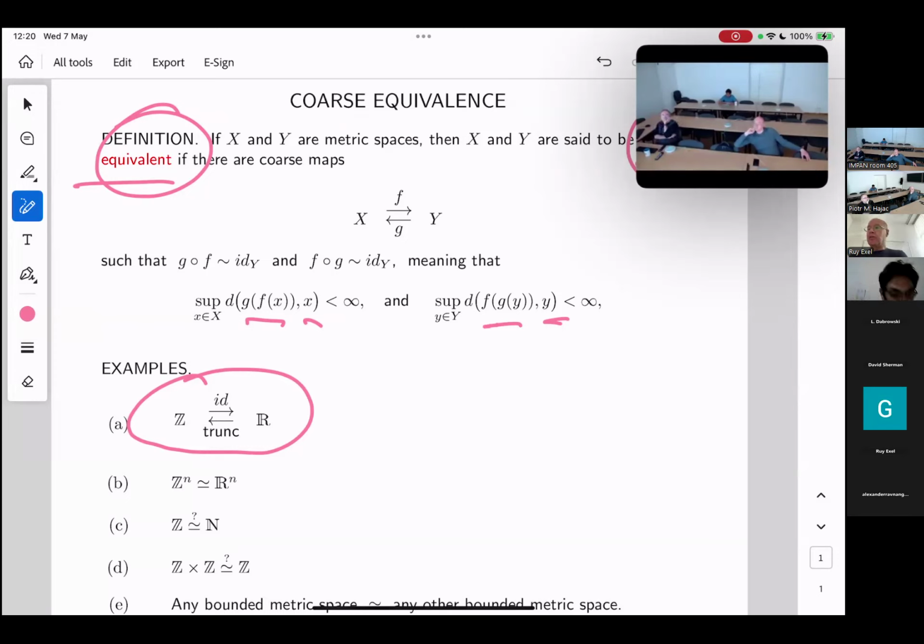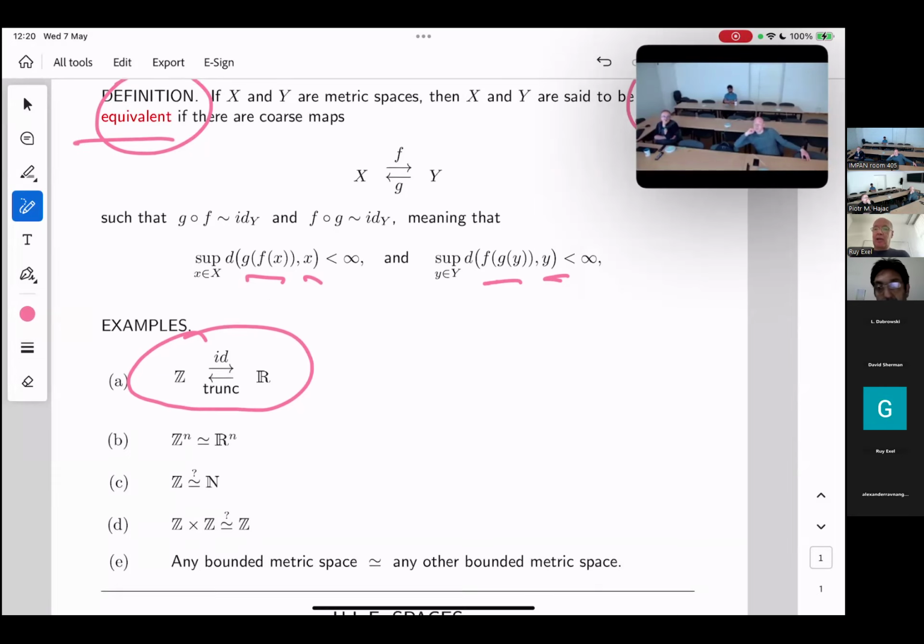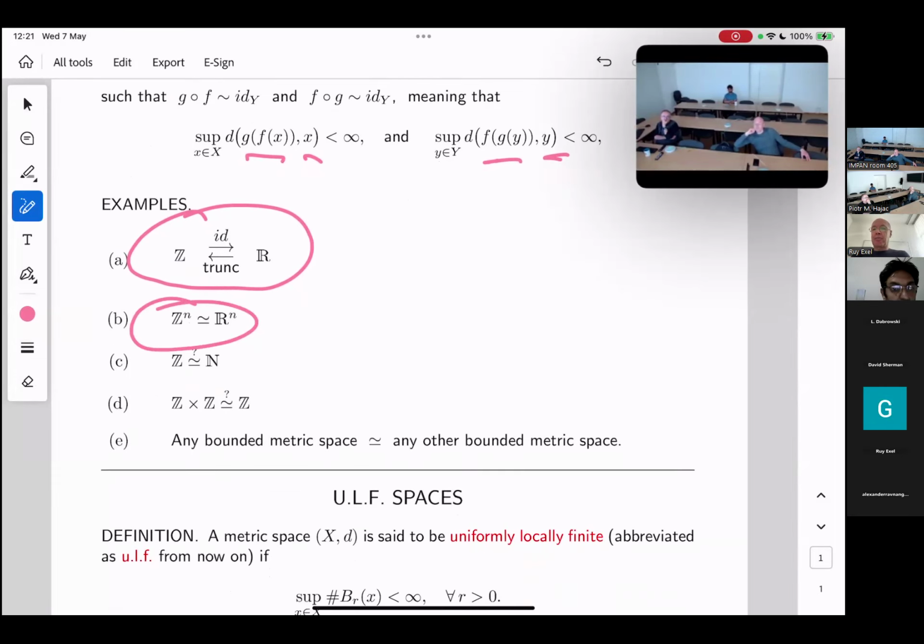It's easy to see that those two functions obey the definition: one composition is already the identity, and the other composition maps a real number to a nearby integer, so the supremum is finite. Likewise, Z^n is coarsely equivalent to R^n.